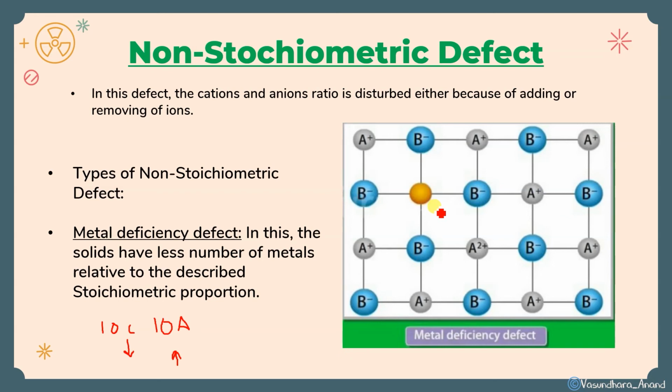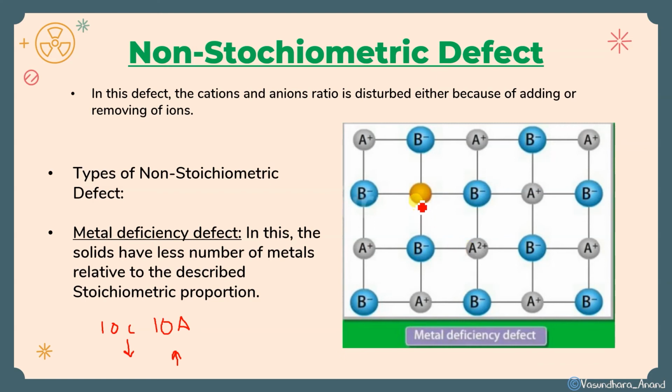Since it also occurs in an ionic solid, obviously electrical neutrality should be maintained. So what will happen? One cation is missing. If the cation is missing, the neighboring cation will start showing a higher oxidation state. Did you understand what I'm saying? To maintain electrical neutrality, if a cation is missing, the neighboring cation will show a higher oxidation state.